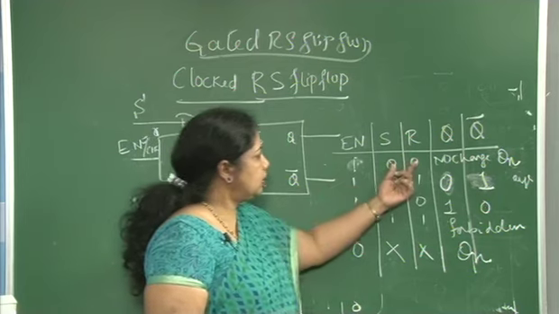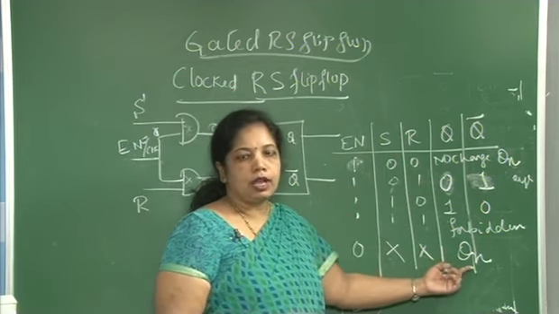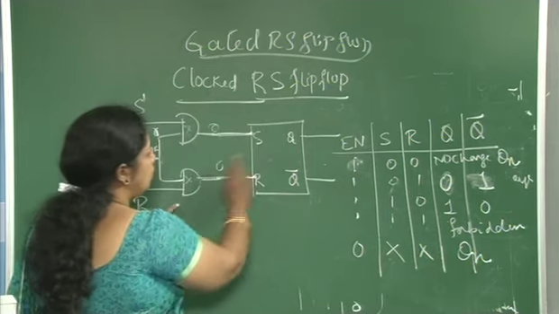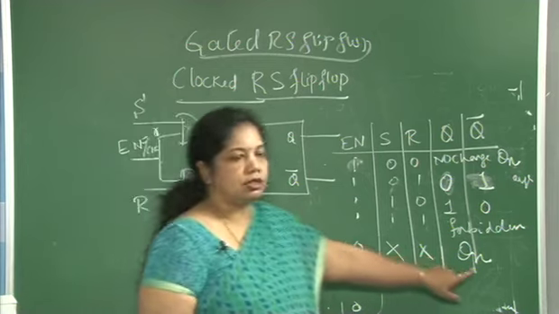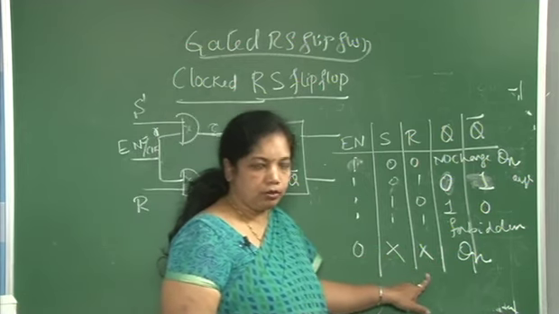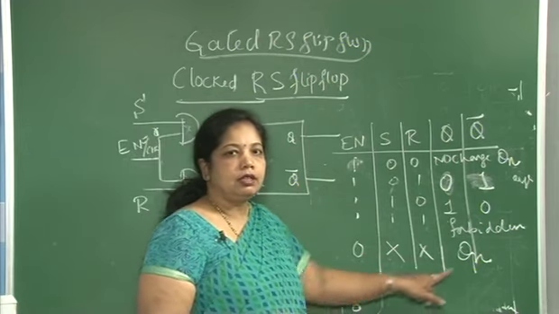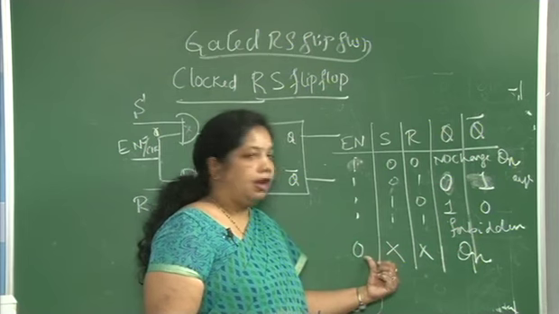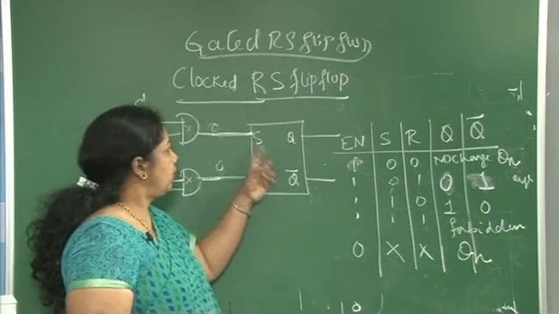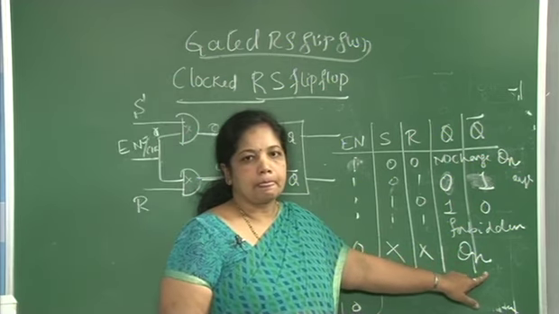When 0 0 is the input to the SR flip-flop, obviously the output has the no change condition. So whenever my enable is 0, whatever inputs you give here, since the inputs to the SR flip-flop are 0, I will get the no change condition.